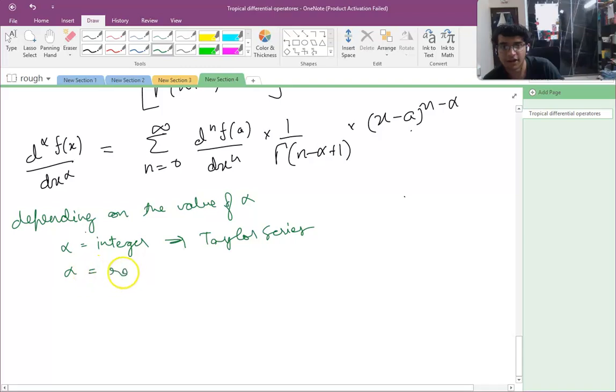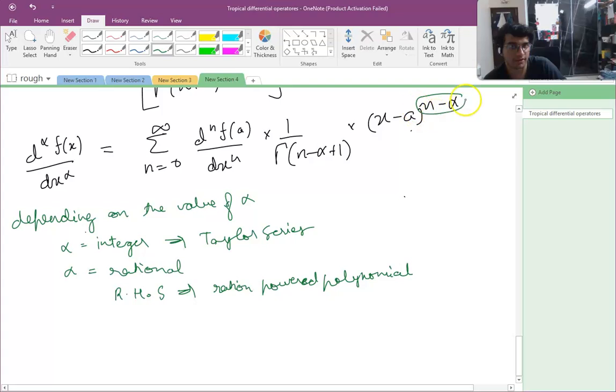If alpha is rational, then the right hand side of this expansion is going to be a rational powered polynomial. Makes sense, because this part over here becomes a fraction. So we will have to study rational powered polynomials.